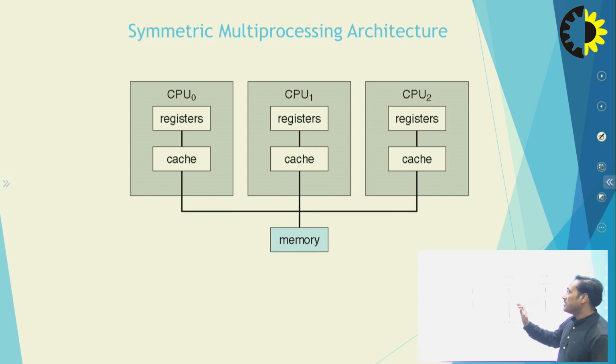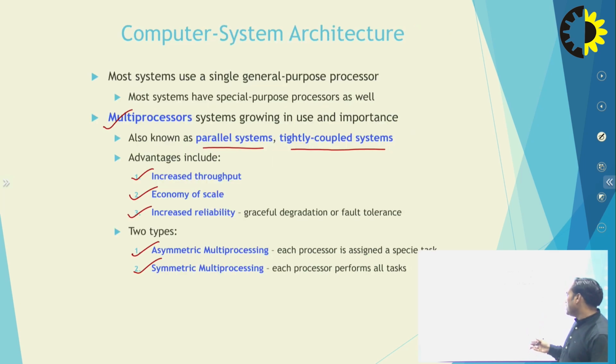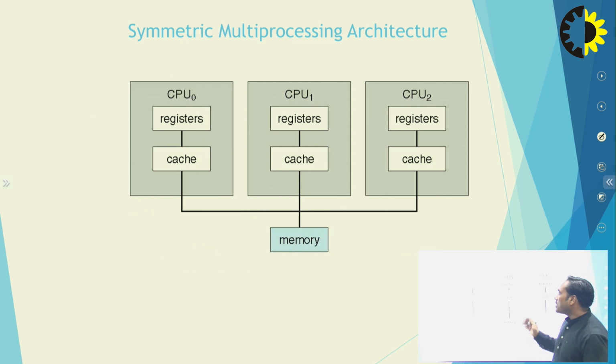They are performing tasks at the same time, using the memory, and all tasks are performed by the individual CPU 0, CPU 1 and CPU 2. These are the task performances by the different CPUs.